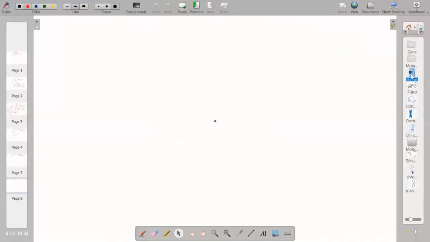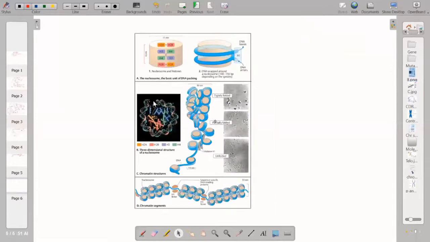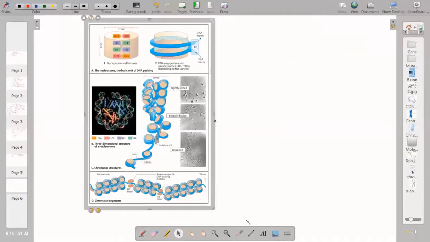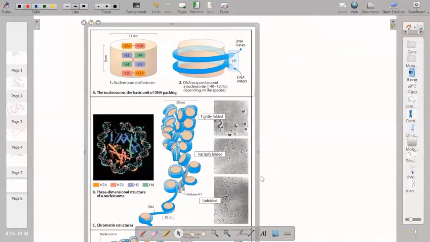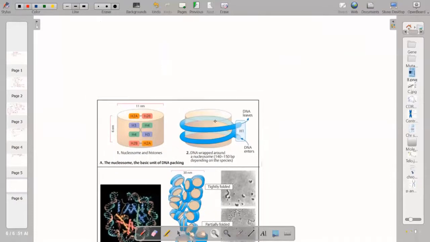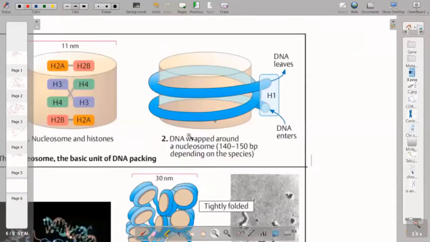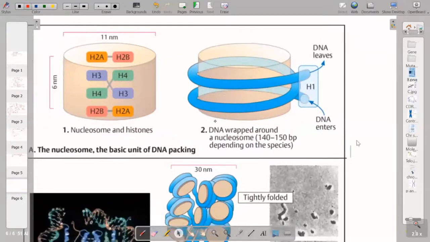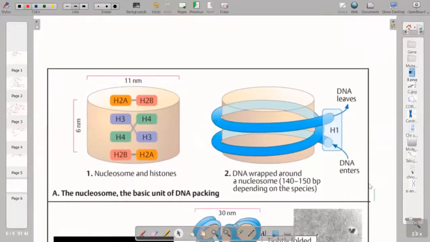So let's see how these are actually arranged. This is the histone protein. The histone protein is made up of an octamer.